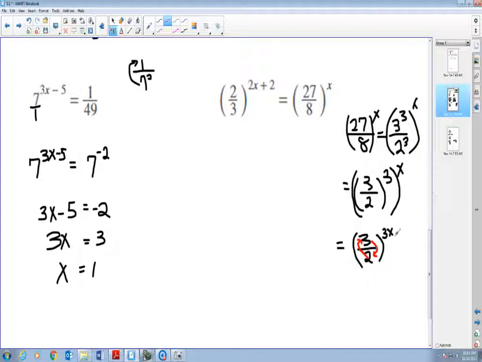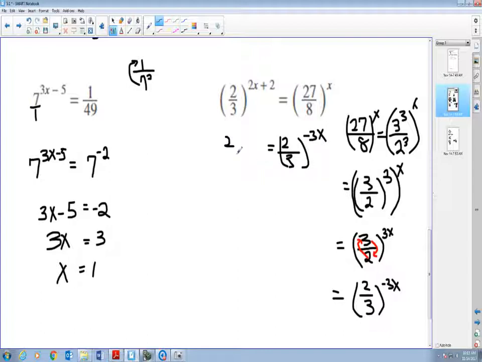So if we multiply the exponents, that will make the outer exponent 3x into a negative 3x. 3x times negative 1 times negative 1 will make that 3x into a negative 3x. So this whole right hand side is going to end up to be 2/3 whole thing to the negative 3x power.